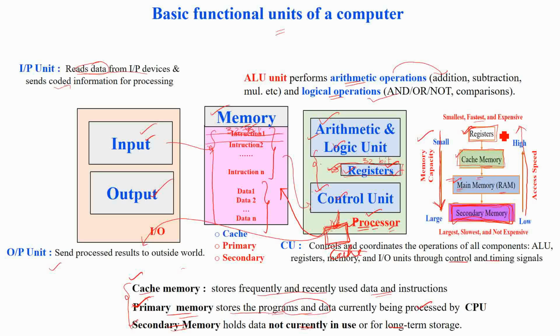So the fastest memory unit is registers, and it is also the most expensive. The cost of accessing per bit of information from the register is the costliest compared to all the other components.